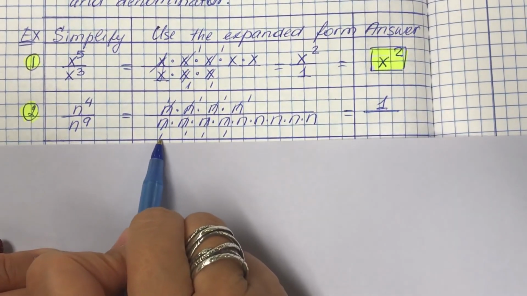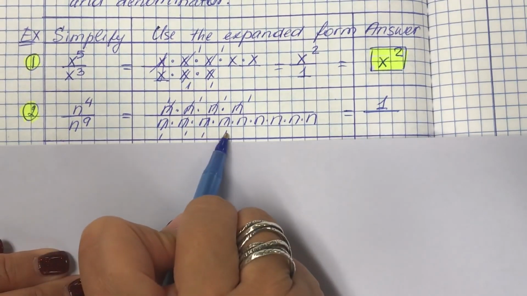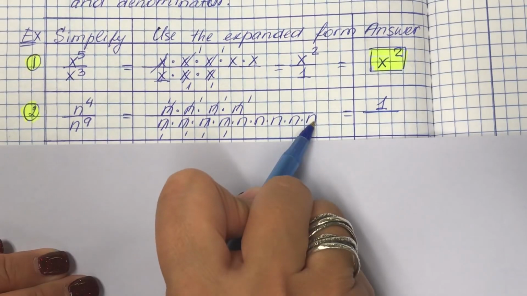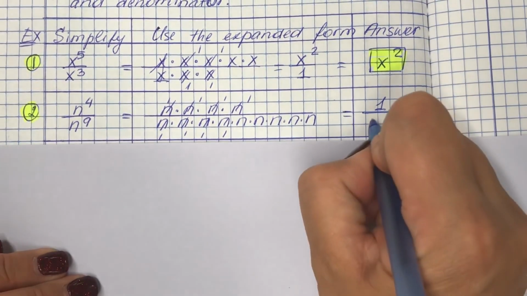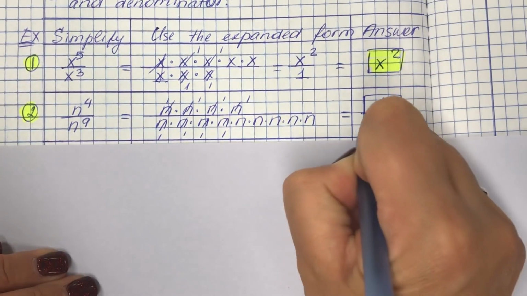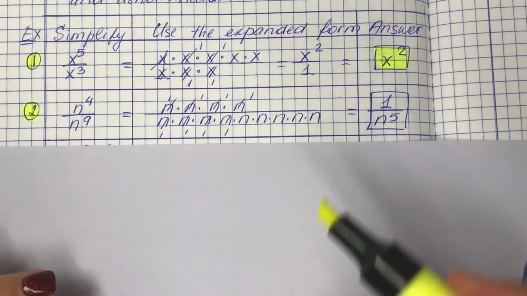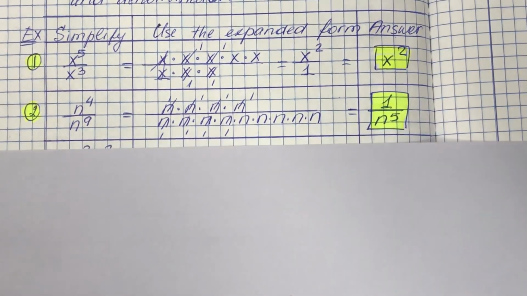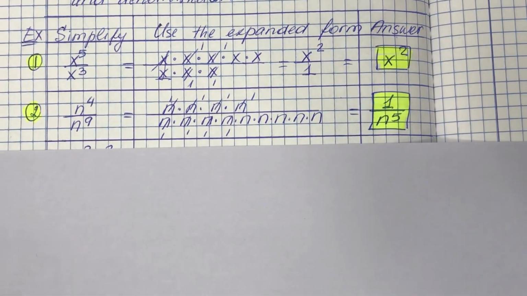On the denominator, we have 1 times 1 times 1 times 1. And then we have 1, 2, 3, 4, 5 n's multiplied by themselves, written back as exponential form. We are going to have 1 on the numerator. This time it's important to make sure we have 1 on the numerator, and then n to the 5th on the denominator.